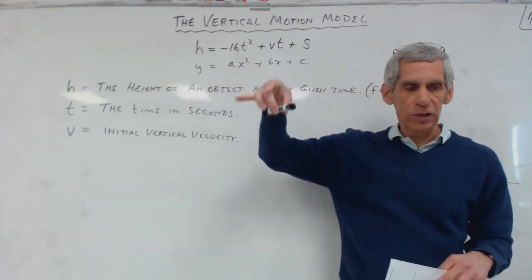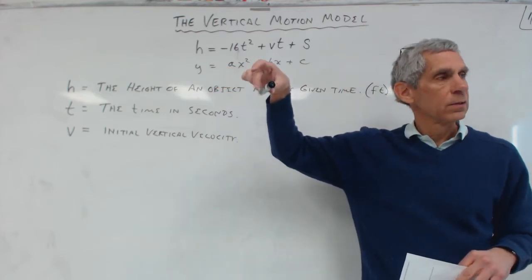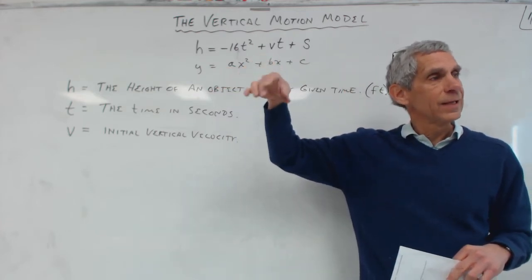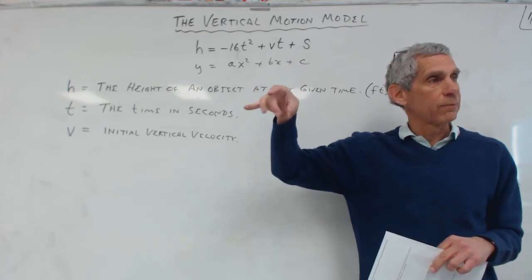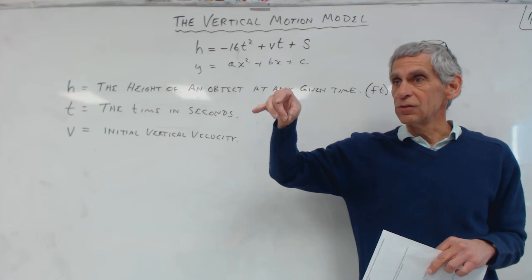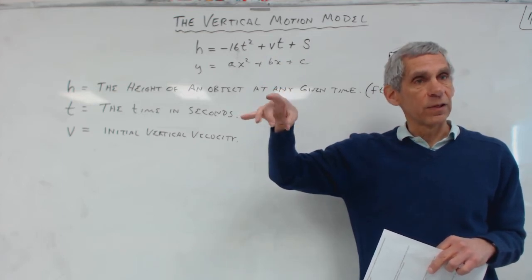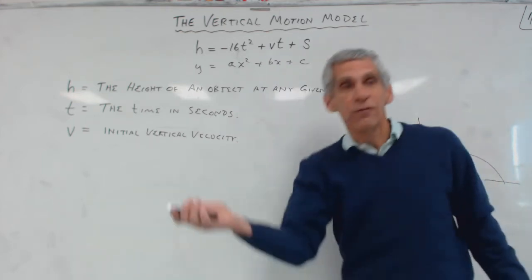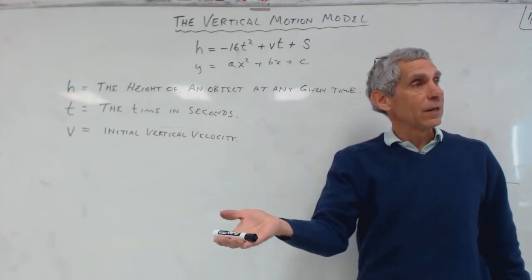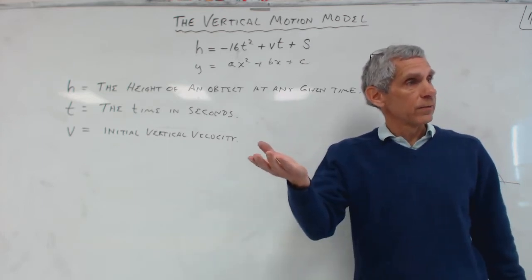If I took something like this marker and I just dropped it, at the starting point when I dropped it, there was no initial vertical velocity, 0. It merely started to fall from that place. If it had vertical velocity, it would mean that it was being thrown upward first. Does that make sense?